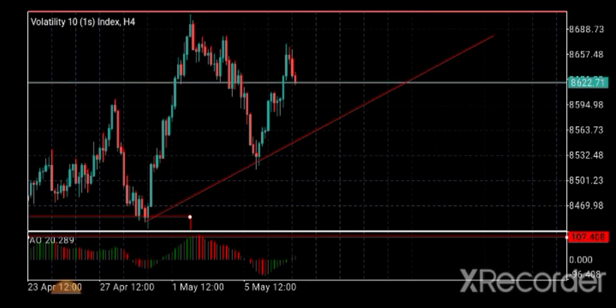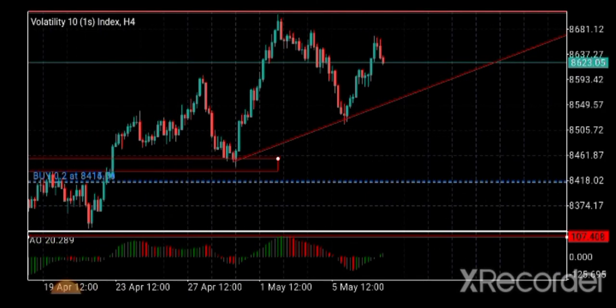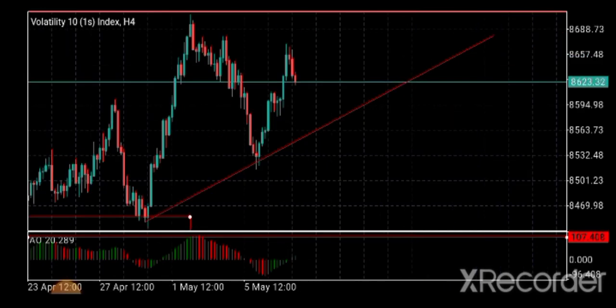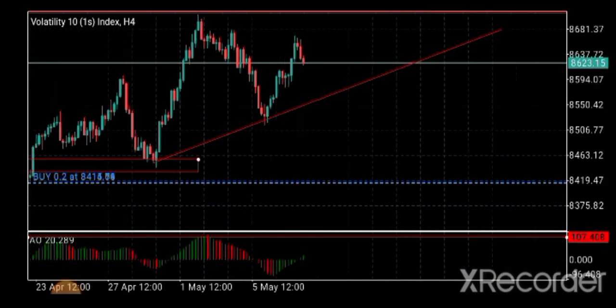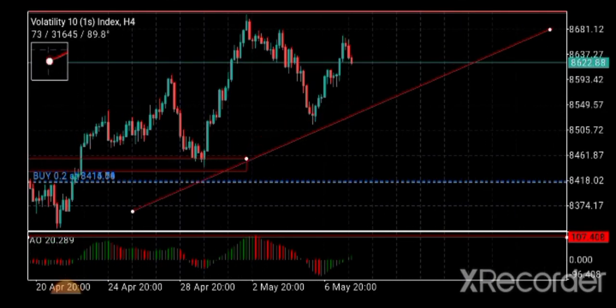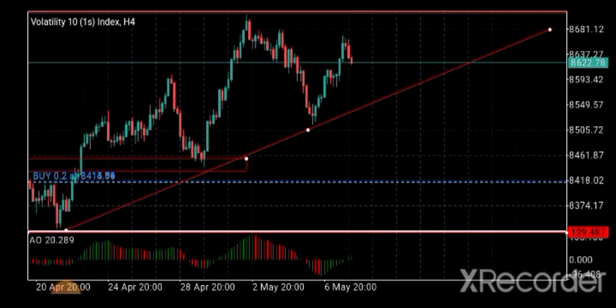If we put it like this, what we're expecting is that at some point, the way the market is moving, it comes, it goes, it comes, it goes.